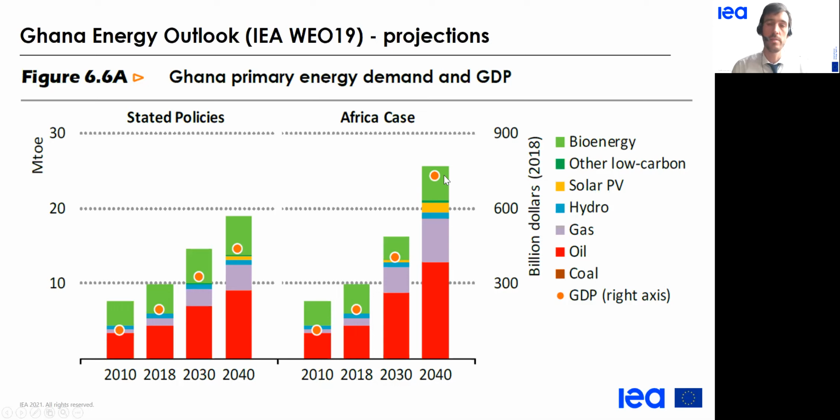So to power this larger economy, more primary energy is needed and a slightly different mix is needed as well. Africa Case also includes universal access to electricity and cooking with, for example, more oil under the form of LPG for clean cooking. So there is a series of assumptions, but you can see what the future could look like according to those.